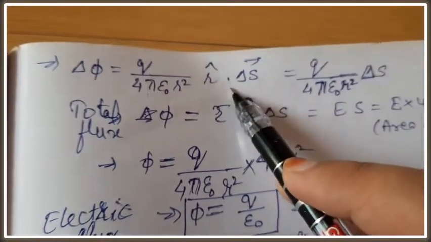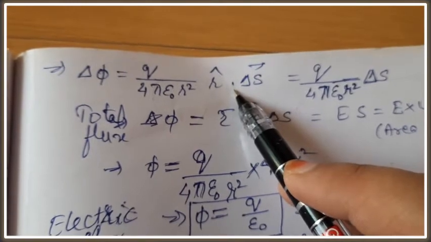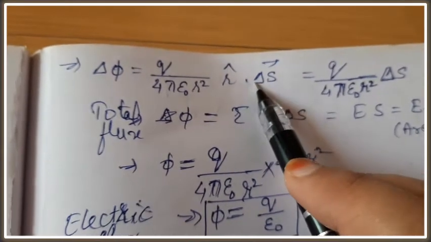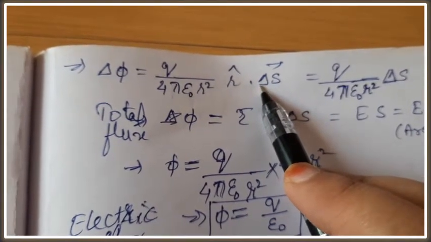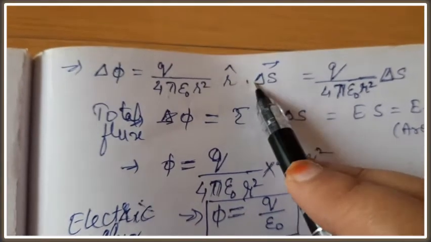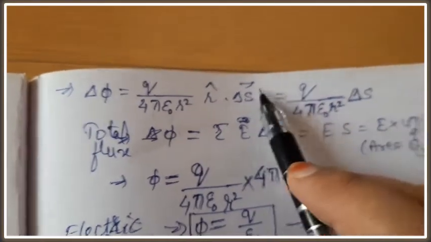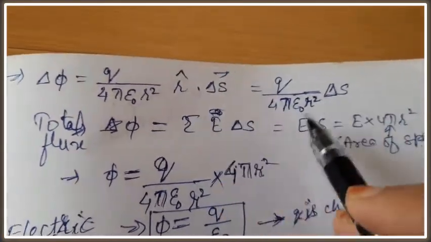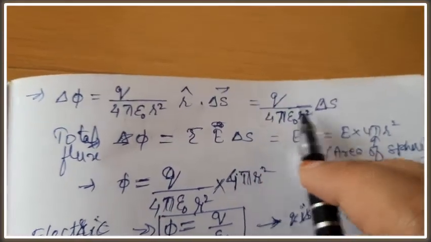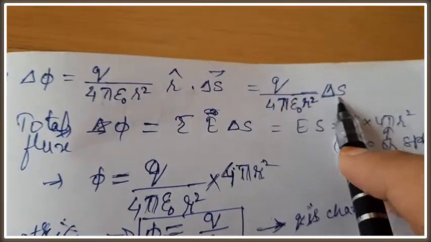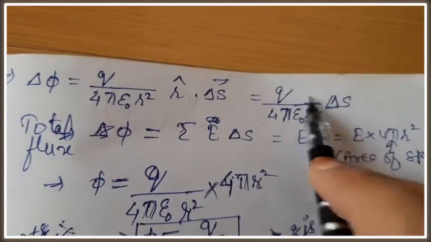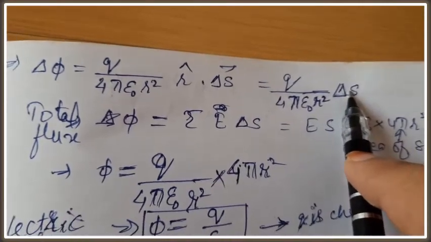Now for the dot product, we need to take cos theta. Since the angle between E and delta s is 0, cos 0 will be 1, so the whole expression is multiplied by 1. So the overall value is 1 upon 4 pi epsilon naught q by r square delta s.